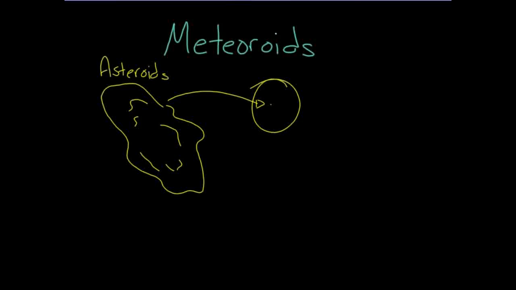Meteoroids are kind of like the junk left over from planetesimals in the early solar system. They're from collisions, just pieces that fly all over the place. A lot of the time these meteoroids are going to travel in clusters from when an asteroid got blown apart.